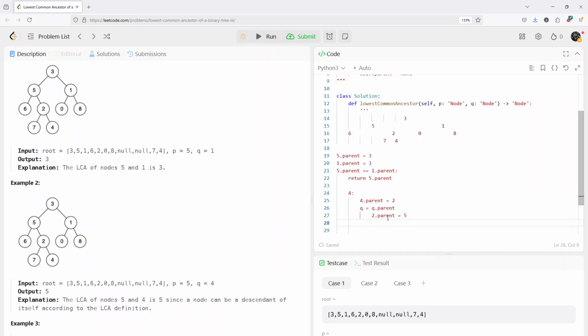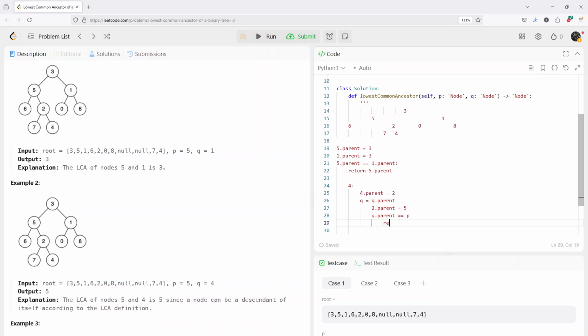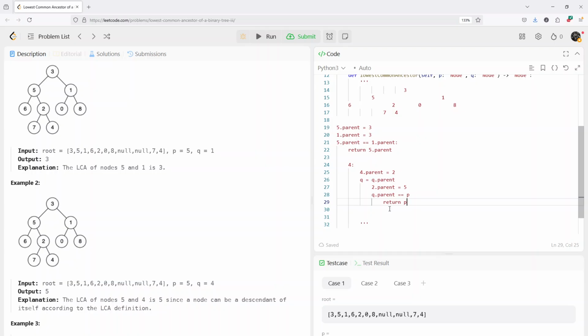And then Q dot parent, this is basically the same as Q dot parent equals P. So if you take 4 dot parent, which is 2, the 2 dot parent is the 5, which is the same as P. So then that's another case. In this case here, we just return P. So if you had the opposite, where you have P dot parent equals Q, then you return Q. So we basically have the conditions for when they are equal.